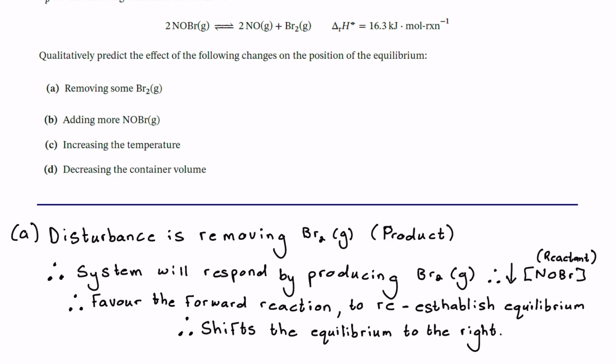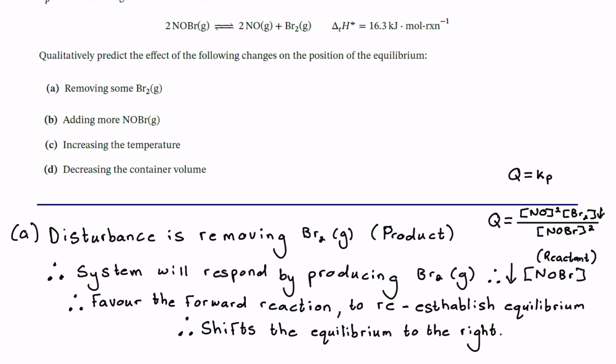Okay? You can also technically see that in the reaction quotient. If you think about what the reaction quotient is, it's NO squared times Br2 divided by NOBr squared. What did we do? Well, when the system is at equilibrium, Q is equal to K, or Kp in this case. What we did is we decreased the bromine concentration.